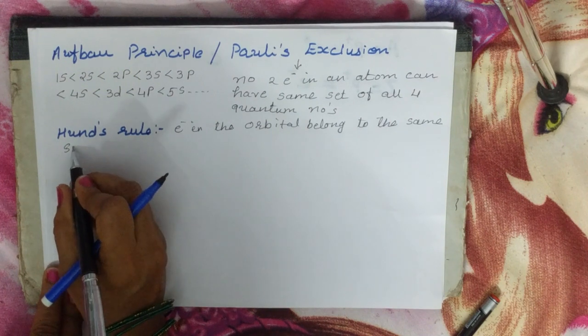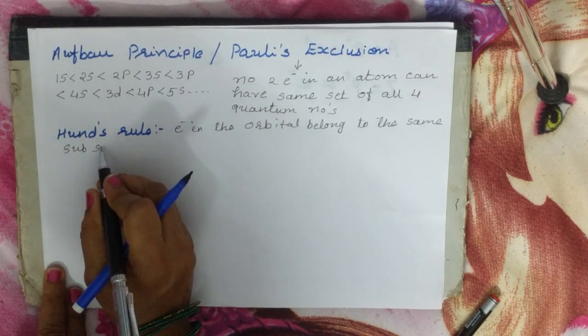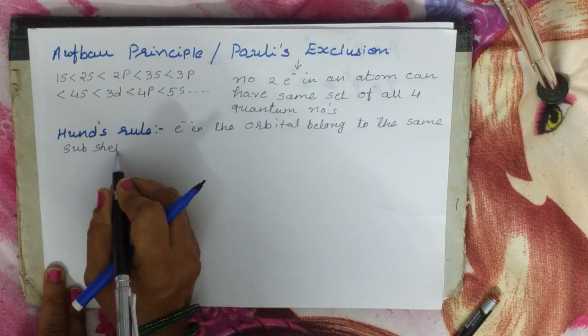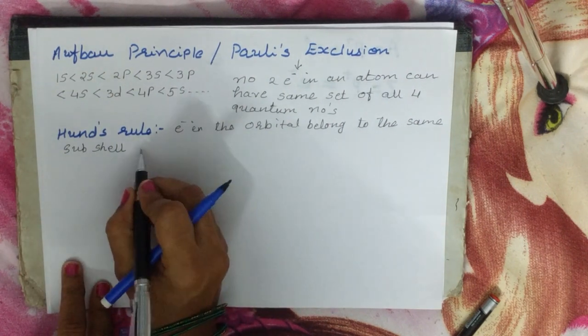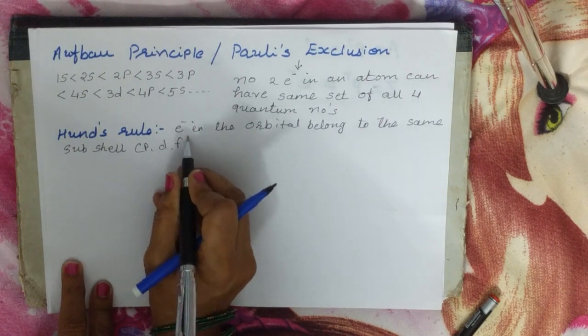Same subshell, what is the meaning of that, students? Same subshell, as we know, means P, D and F, because S does not have other subshells. So here we have to consider P, D and F subshells.